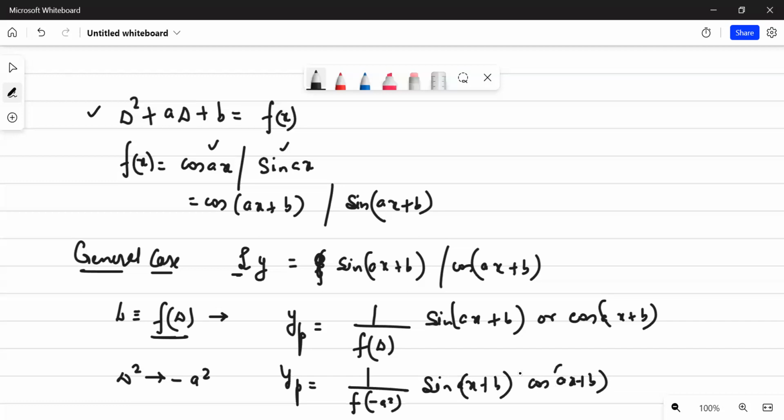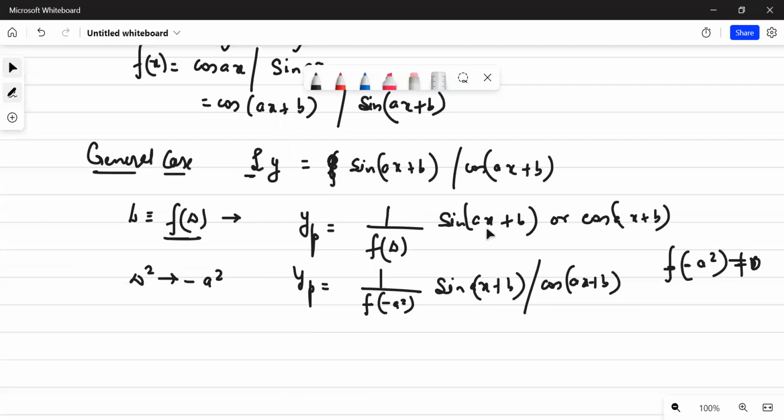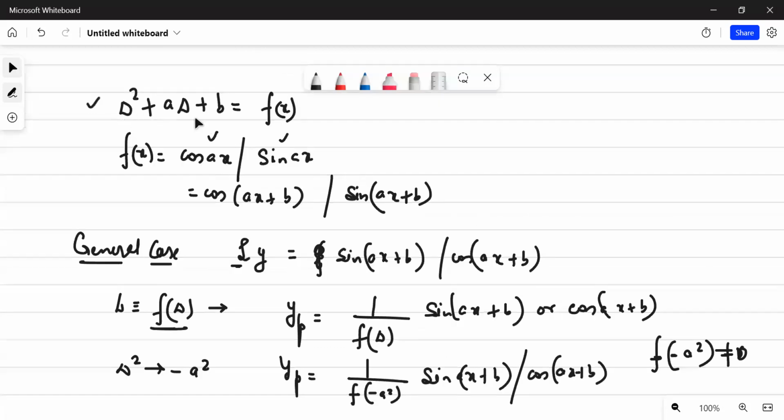For both cases, this will be the particular integral, provided f of minus a square is non-zero. We'll do questions, don't worry about it, but try to understand. If D square plus aD plus b is there, instead of D square you write minus a square.